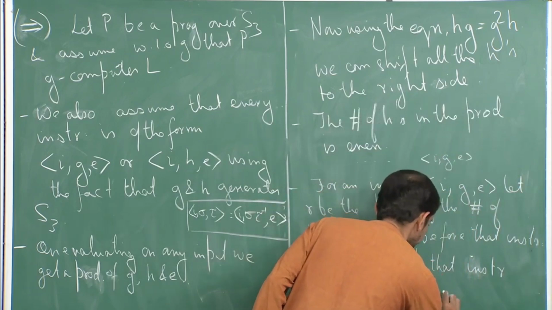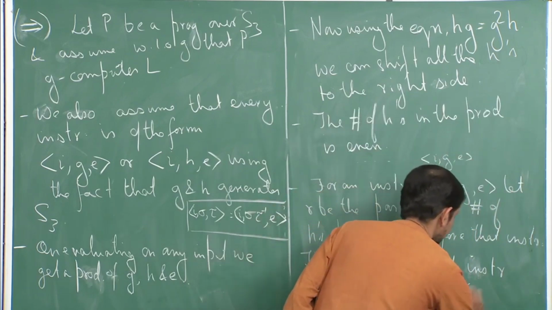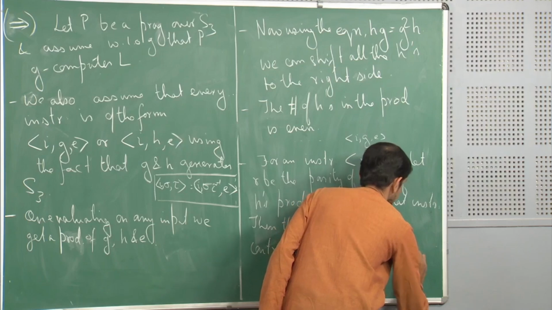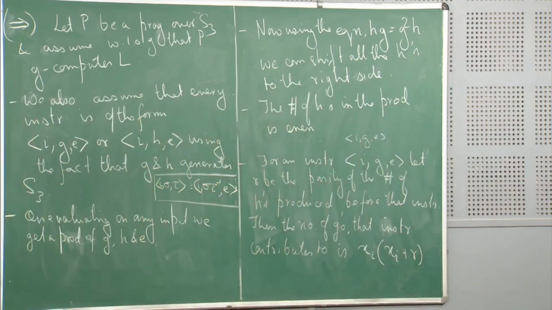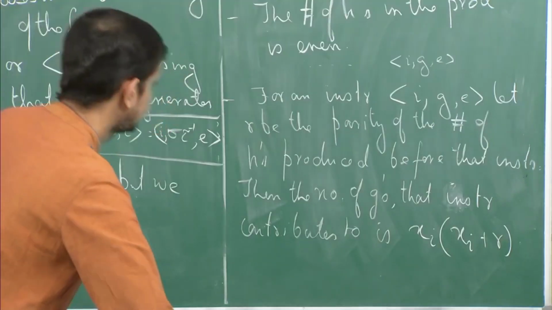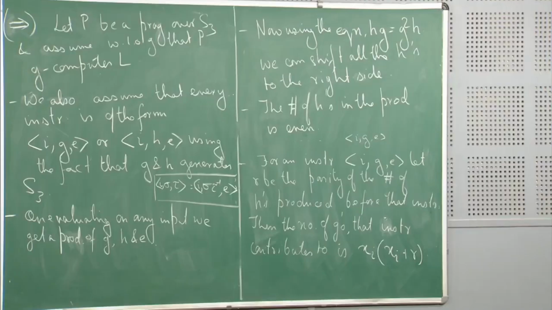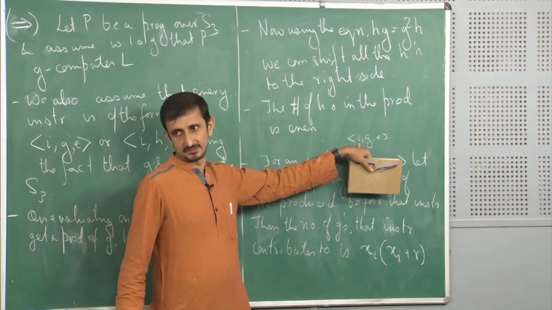So this will be xi into xi plus R, for a particular variable, for a particular instruction.